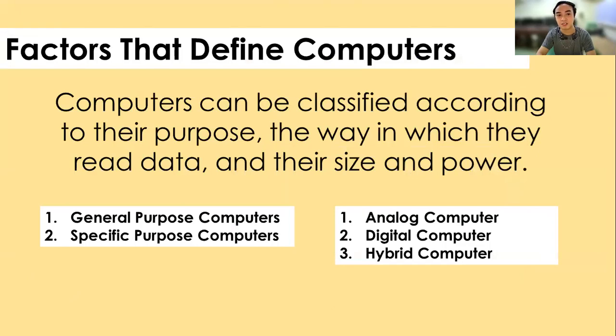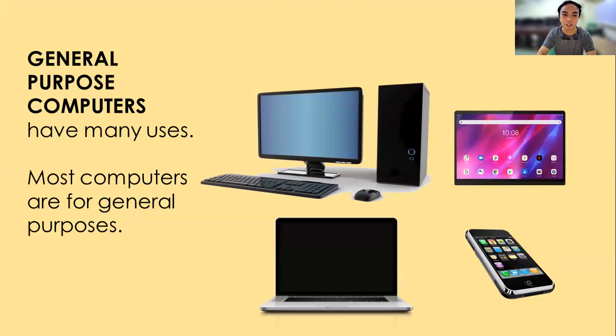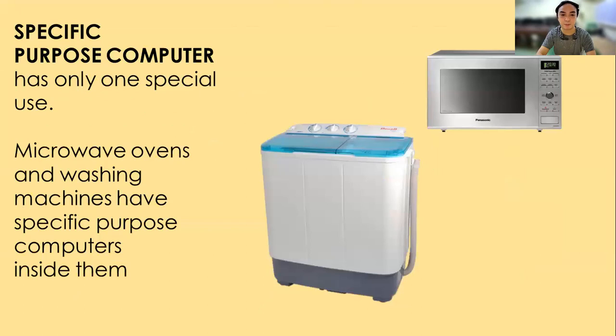Then we discussed also the classifications of computers according to their purpose, according to how they read the data, and their size and power. For the classification according to purpose, we have the general purpose computer. These are types of computer which have more than one function. They have many functions that can be performed. Then the specific purpose computer, just like the computers that can be found in our microwave oven and washing machines.